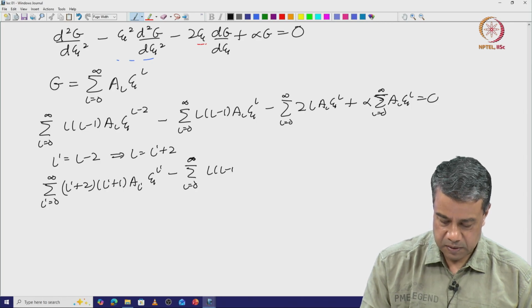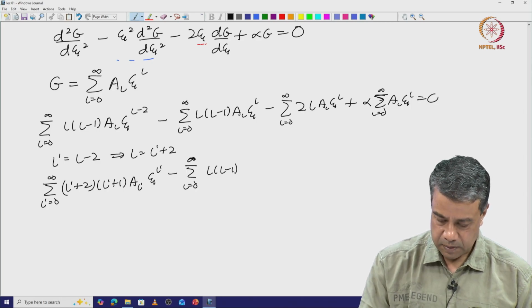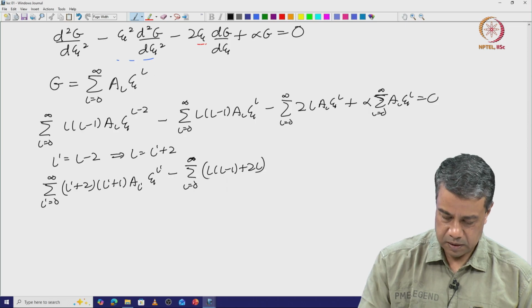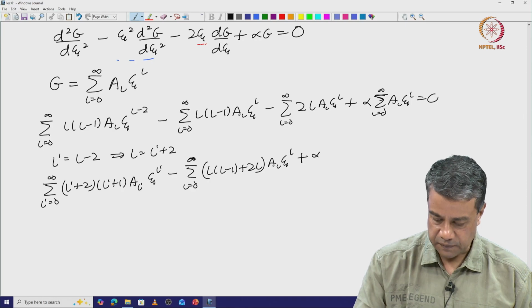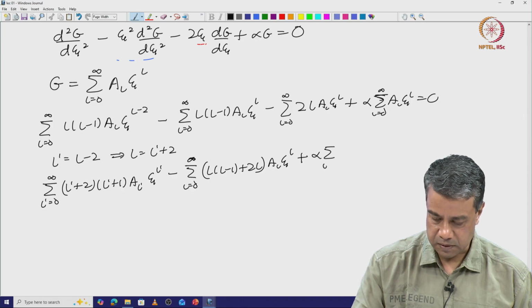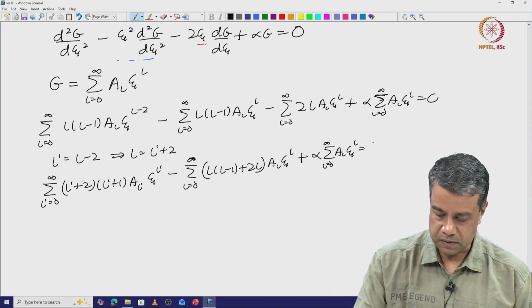L into L minus 1 plus 2 L, A L psi power L plus alpha summation L is equal to 0 to infinity A L psi power L, this is equal to 0.